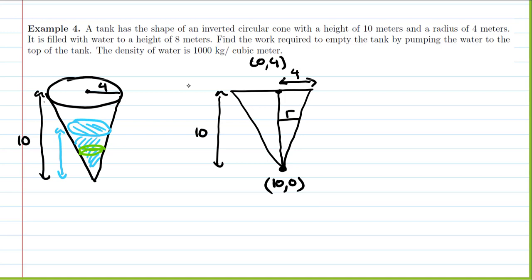If I imagine that I want to figure out what r is, if I have my origin here, the distance from the top to r is x, and then the distance the rest of the way down would be, well, if this distance is x and the whole thing is 10, what would this distance be? 10 minus x, right?